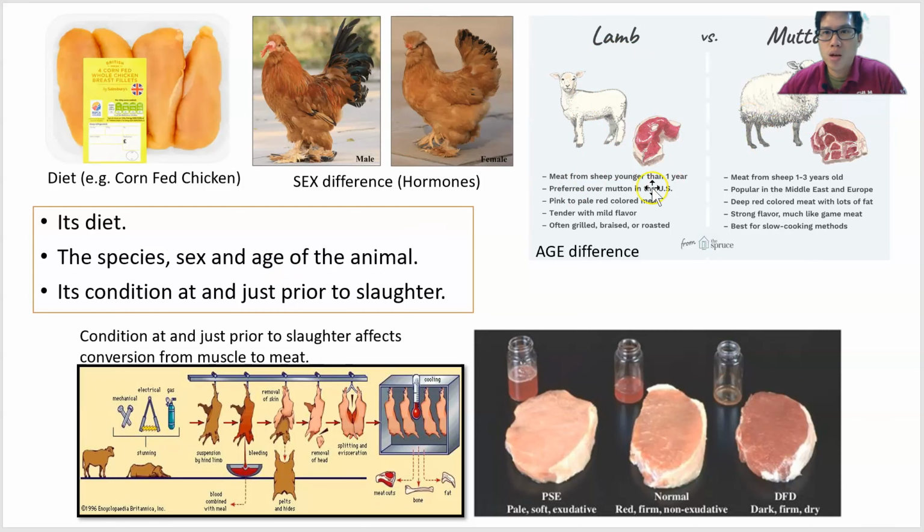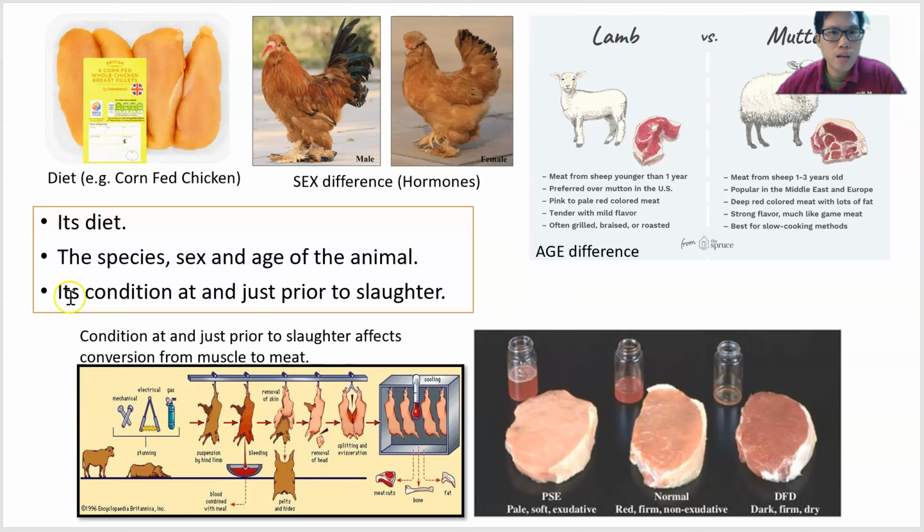Lamb is meat from a sheep younger than 1 year old. Mutton is meat from a sheep that is 1 to 3 years old. When they grow older, the flavor of mutton will be a lot stronger compared to lamb. Some people do not like the strong flavor, so they can go for lamb.